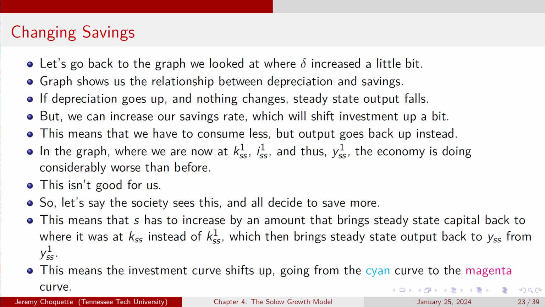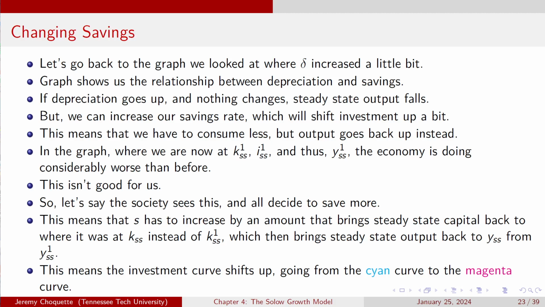So if depreciation increases, things start falling apart more, society sees this and says, hey, we all need to start saving. So they save more, they increase investment by an amount that will bring steady state capital back to where it was before, which brings steady state output back to where it was before.